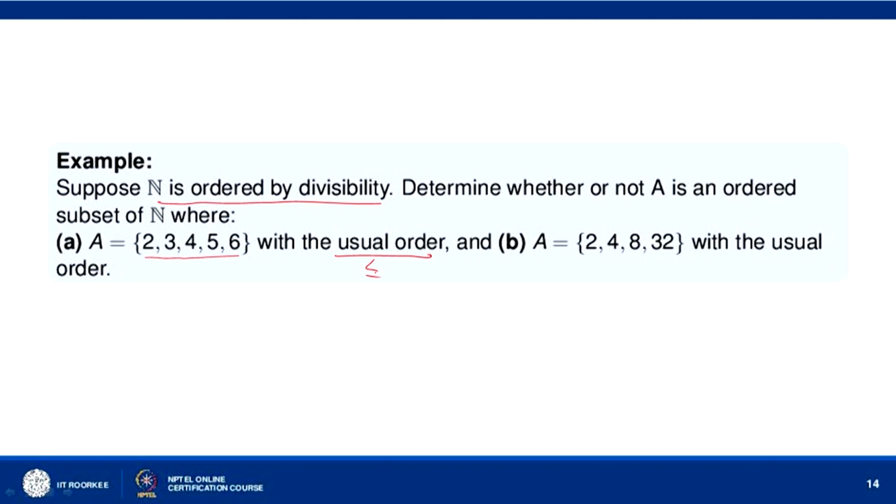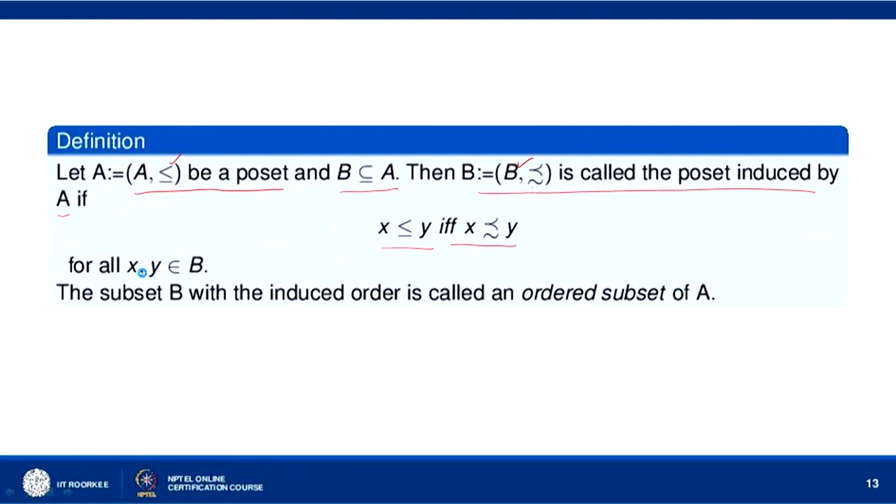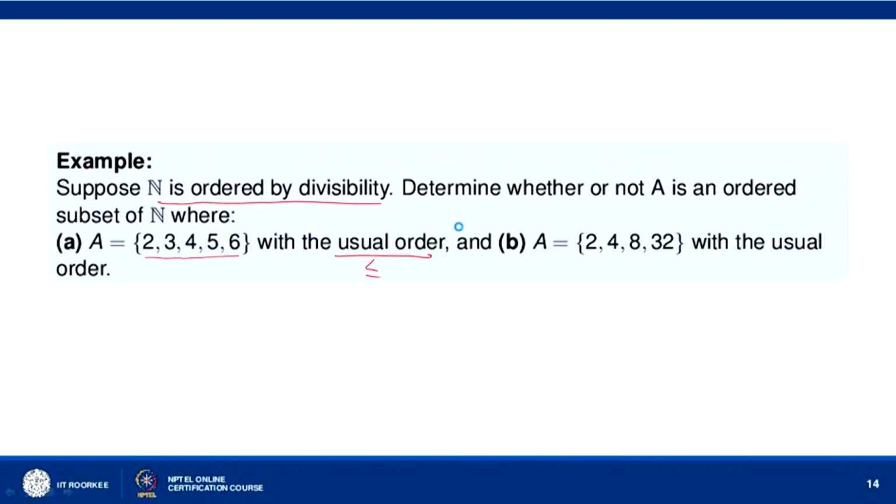Now, you can see A will be called the poset induced by N whenever you take any two elements in A, we have x less than or equal to y if and only if x precedes y, where less than or equal to is the notation for the partial order in the set A. So, what do we have here?